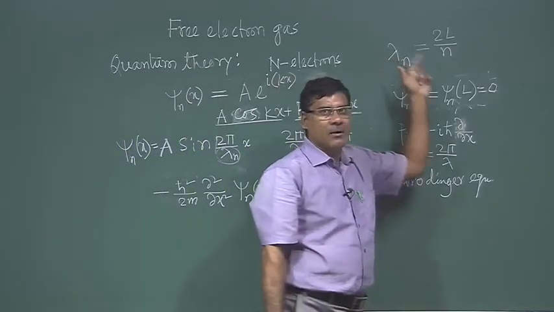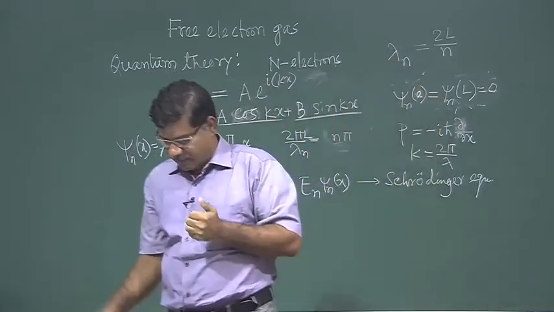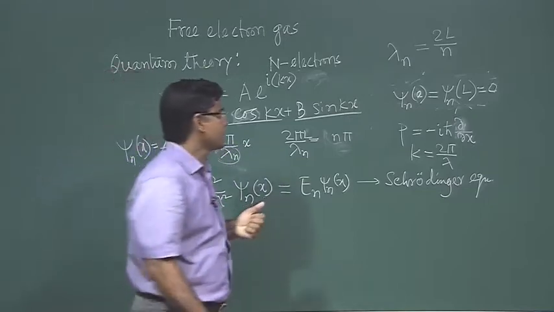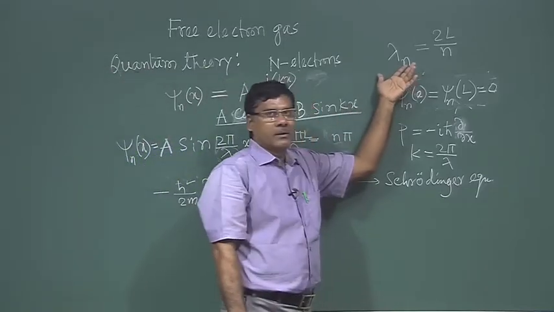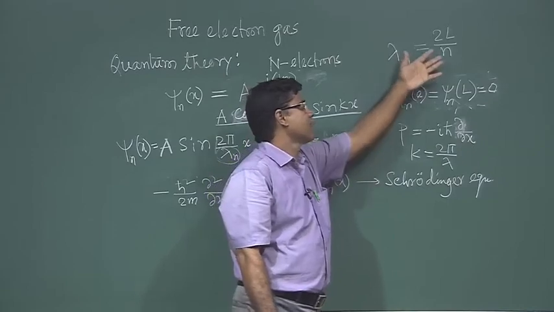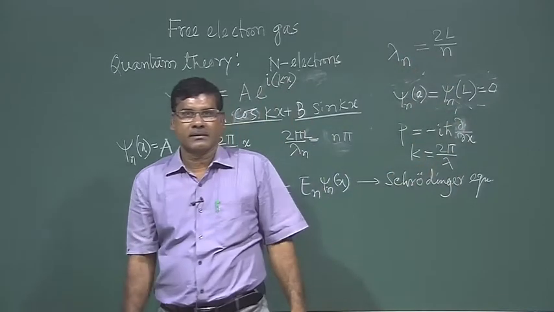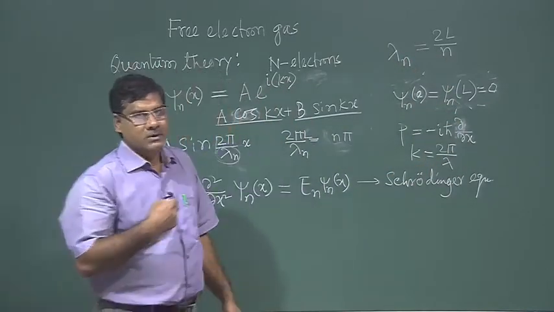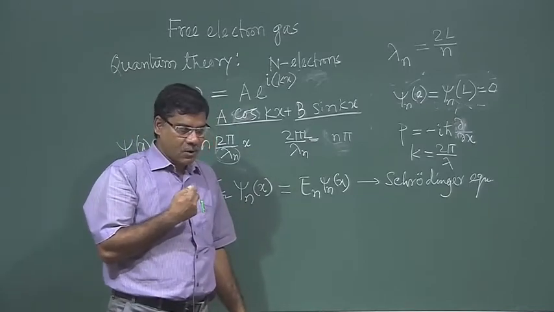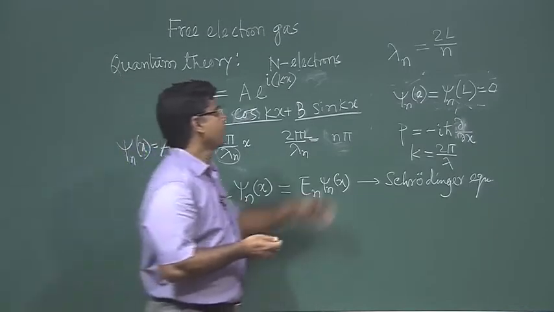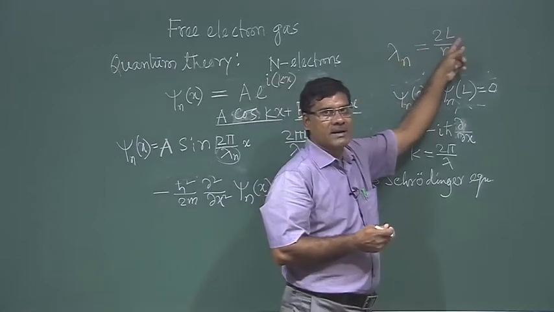This tells the wavelength of your state. For the nth state, the wavelength will be 2L by n. So, the longest wavelength will be 2L, for n equal to 1.